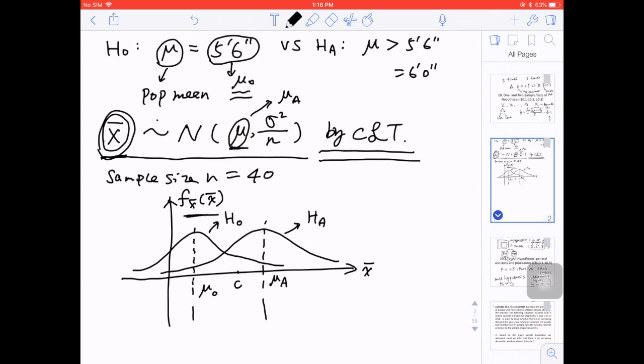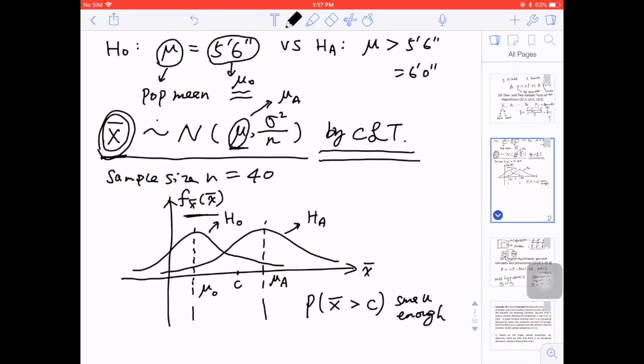And what we can obtain from the sample is the sample statistic. Here is the sample mean, right? So if this sample mean is larger than this critical value, we can have this corresponding probability. If this corresponding probability is small enough, what does it mean?